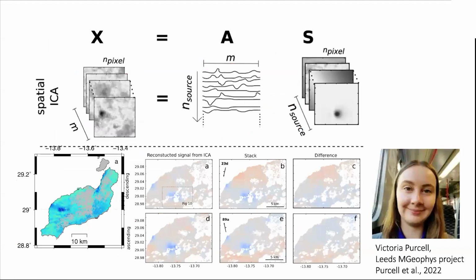So this is the setup for spatial ICA, so trying to maximize the spatial independence of a set of interferograms. We did this over Lanzarote, which is where we take our undergrads in Leeds for their geophysics field training. And you can see over the Timanfaya lava fields here, you have nice subsidence patterns. And we used the ICA as a test as to whether these 2 patches of subsidence seem to be linked. Which they do. They appear in the same independent component.